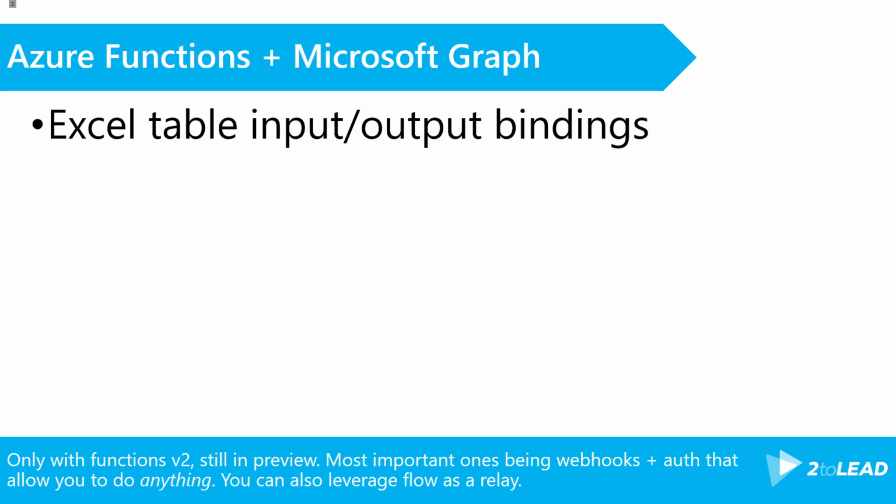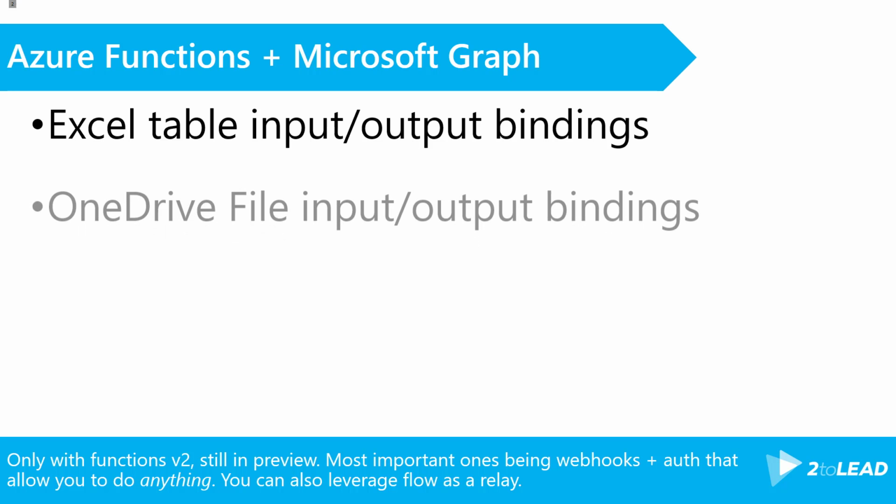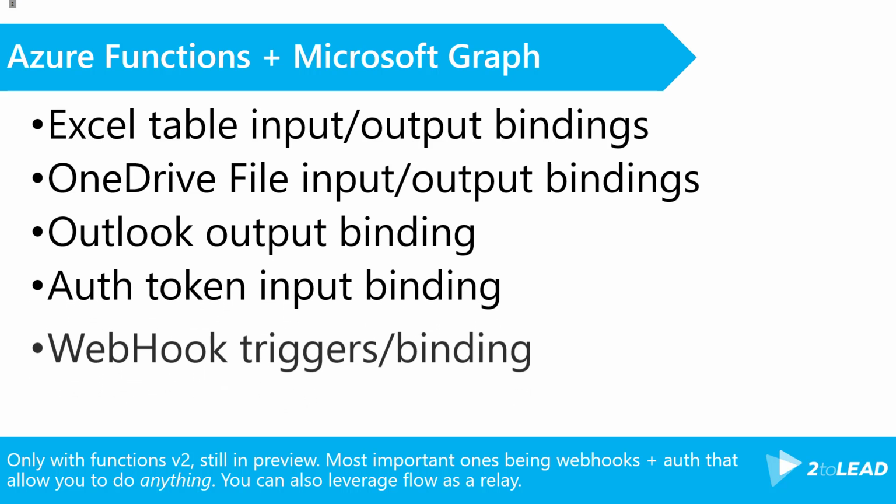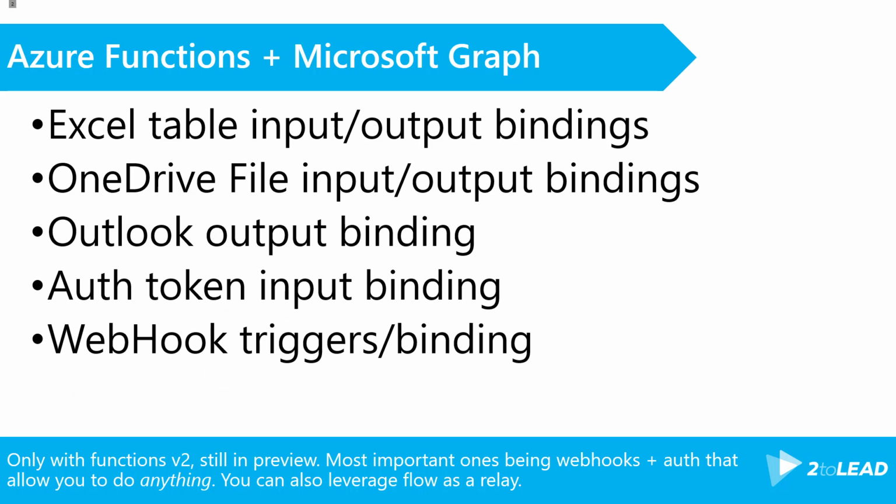Automatically you have the ability to say, I want to trigger or to add an input or an output for my Azure function that I'm building on top of Microsoft Graph data, like Excel tables, OneDrive files, Outlook, Exchange effectively, authentication, also all the webhooks, well, some of the webhooks.